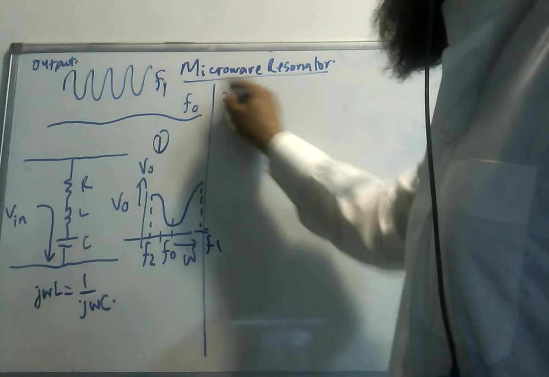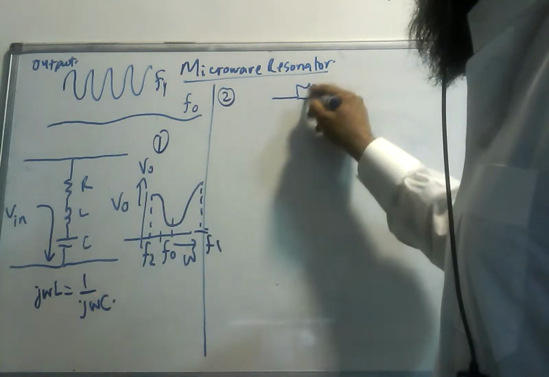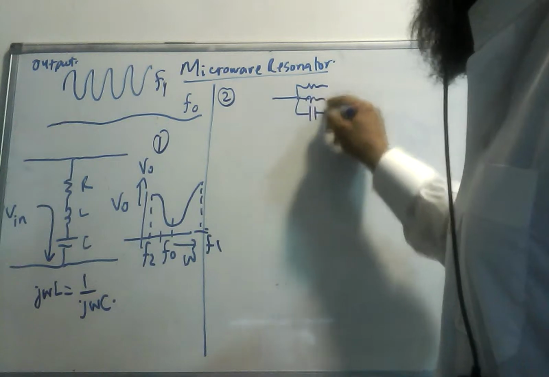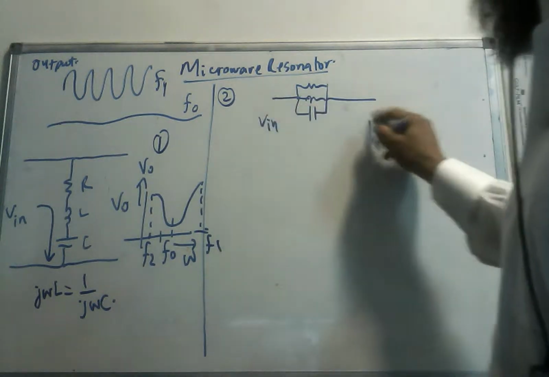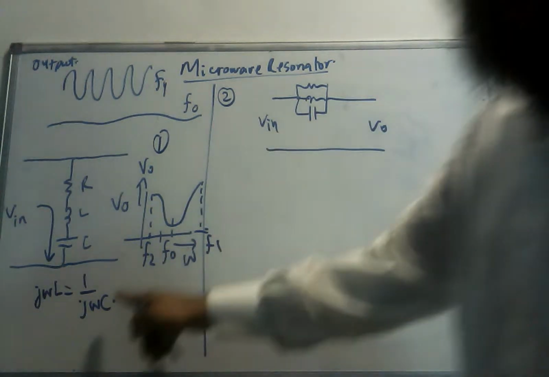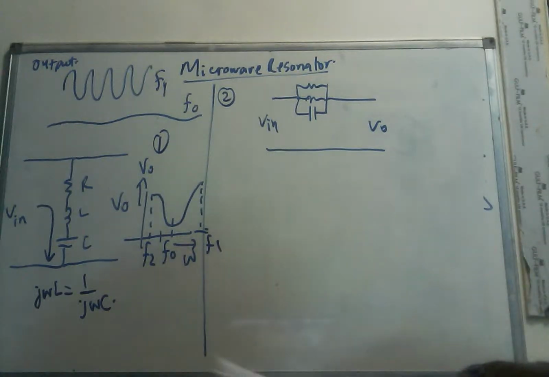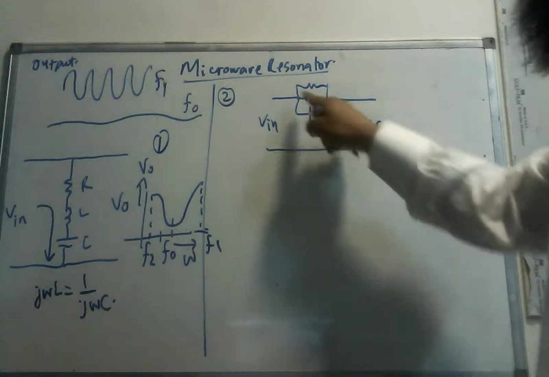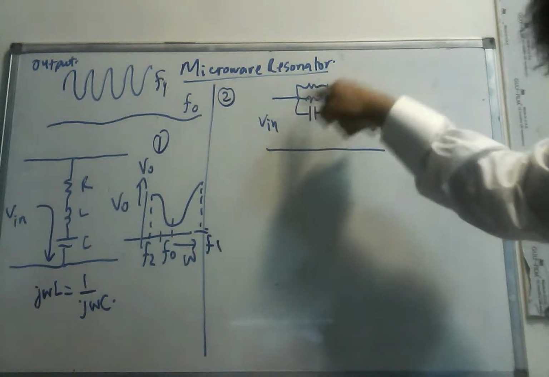The second example is the parallel resonance connected in series, which is like this. So I have input here and output here. When this condition, which is called the resonance condition, is satisfied, this will be like an open, because all the current will be inside.